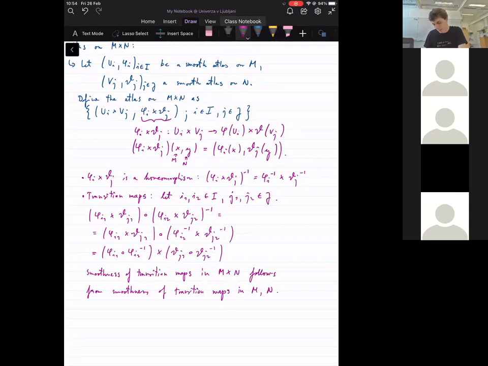This may seem like a triviality, but it's nice to see this procedure at least once.